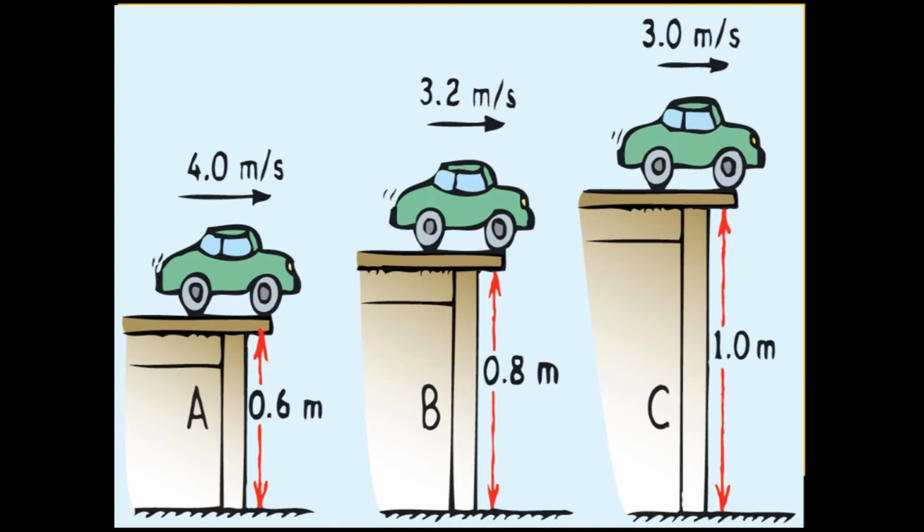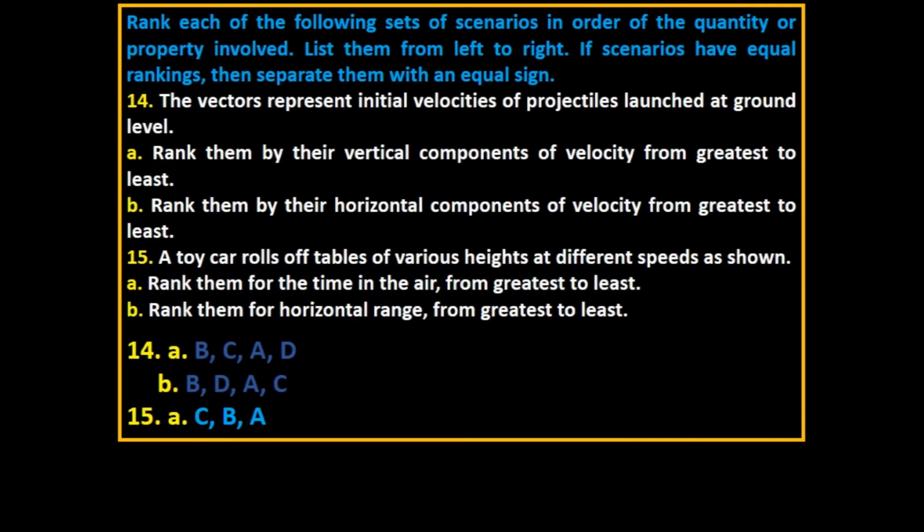So this is fairly straightforward. It would go CBA would be the time to ground. And then you take that time and multiply it by the velocity, and that is the answer to B. So rank them. So CBA, that's correct.